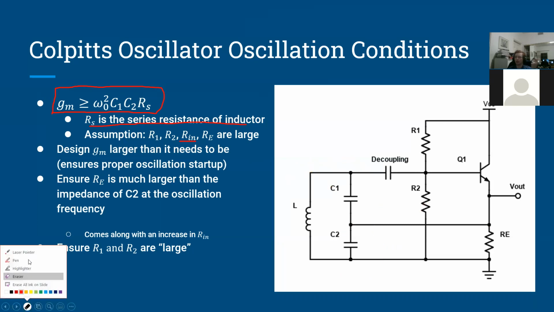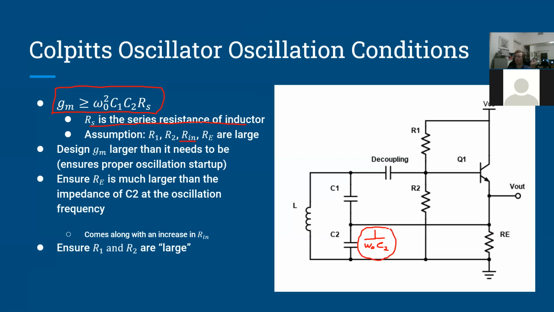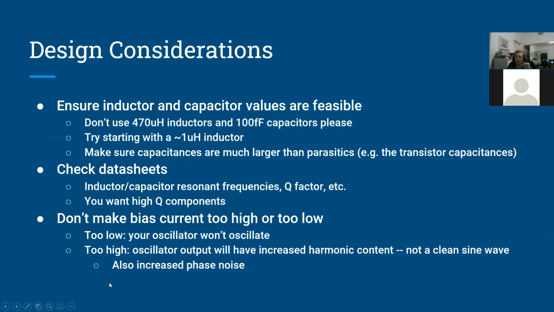And how large exactly? Well, at the oscillation frequency, C2 has some reactance, which is 1 over omega not, the oscillation frequency, times C2. So if we make RE a lot larger than this quantity here, then we're in business. That's what you want to do there.